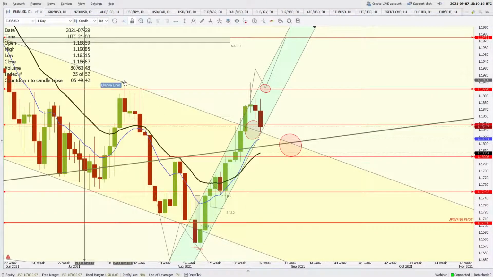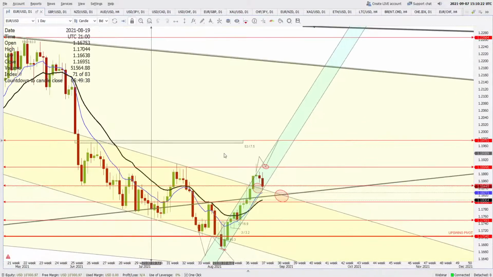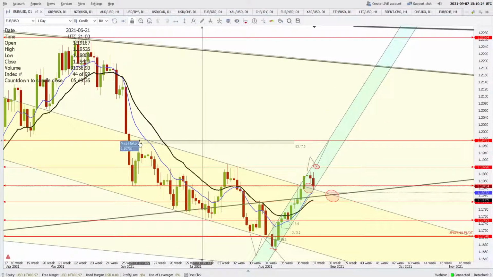As powerful as this falling channel's resistance line is, because this resistance line was made by joining these three highs, from where after the price getting rejected made lower lows. Okay, so these are the important levels.